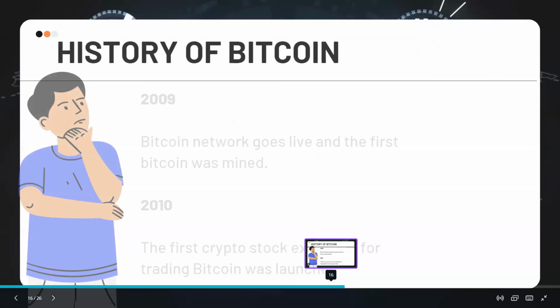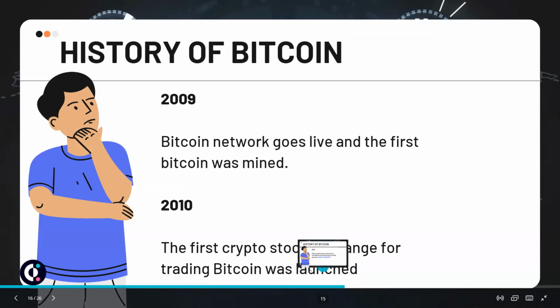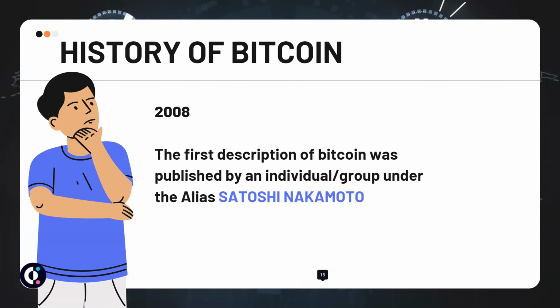So, a brief history of Bitcoin. In 2008, the first description of Bitcoin was published by an individual under the alias Satoshi Nakamoto.